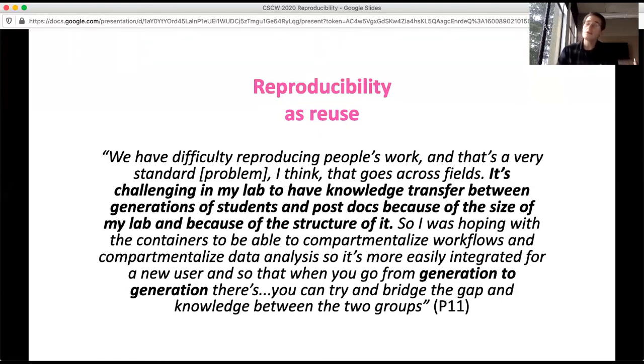And so what he was very much concerned about is this problem of handing off an analysis, a tool, across generations of grad students in a high turnover lab or between labs, right? And enabling this analysis to be used in future work to build off of that analysis. And so this was very much a notion of reproducibility as a kind of reuse.